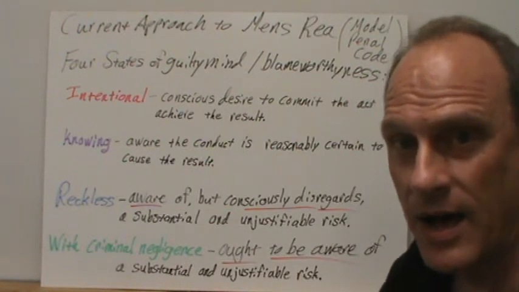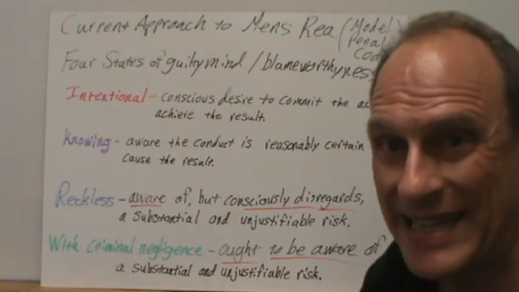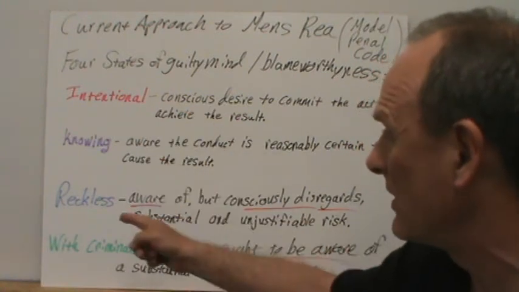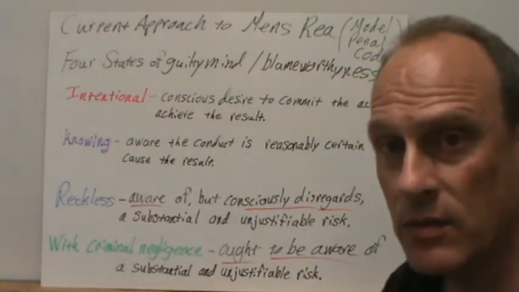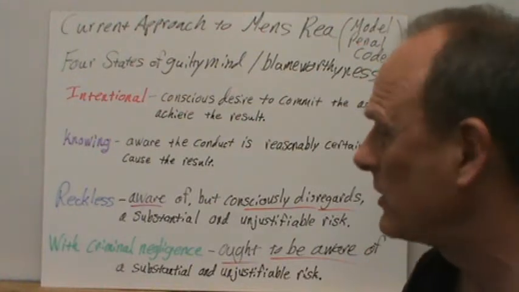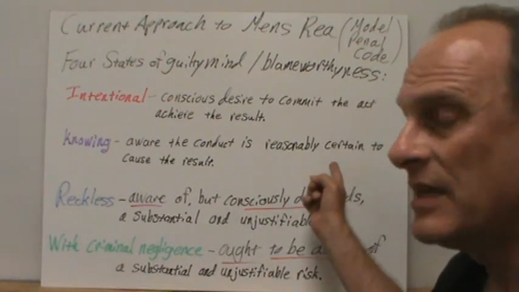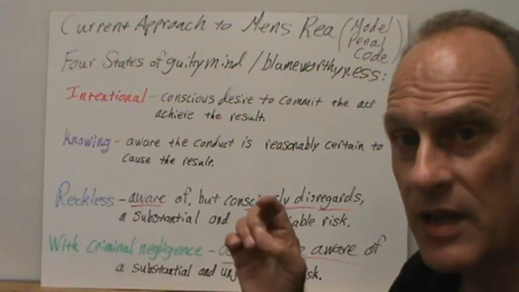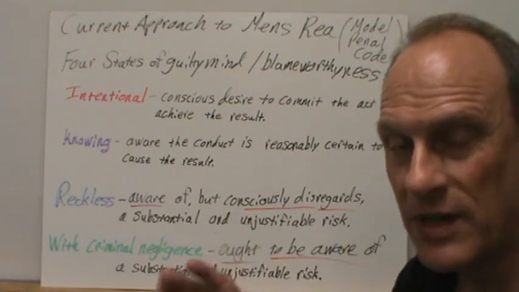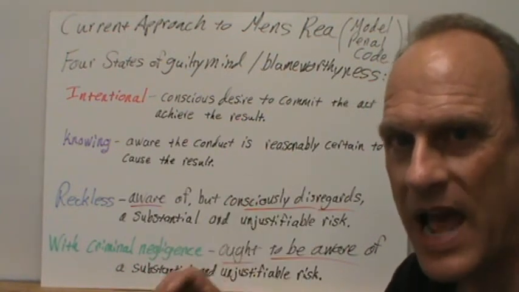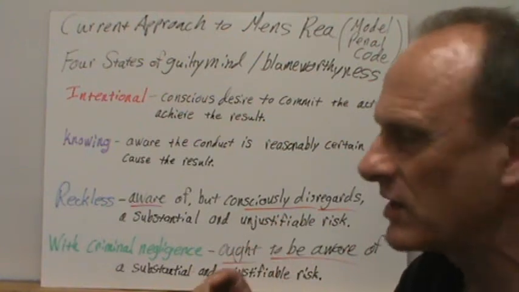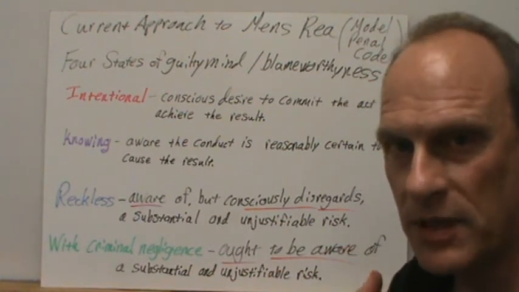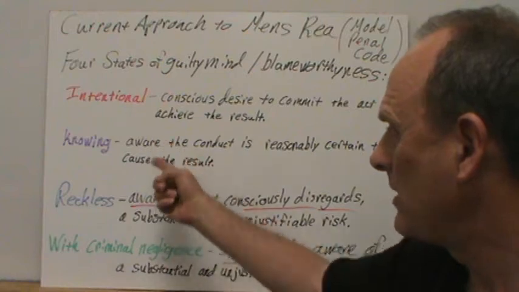Boom. That is my intent, my conscious desire. That's intentional. Now, knowing: you don't intend to cause it, but you have a reasonable certainty that the result is going to happen from your particular act. You know that your act is going to result in a particular harm. And that would be knowing.